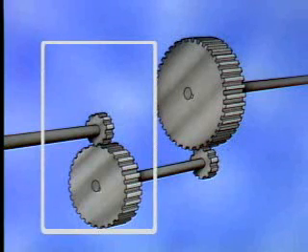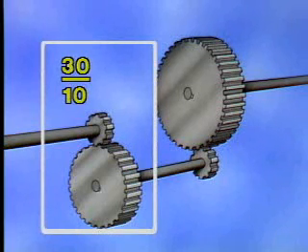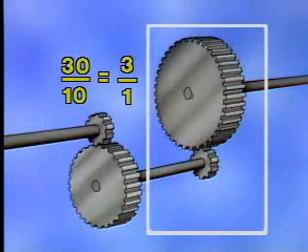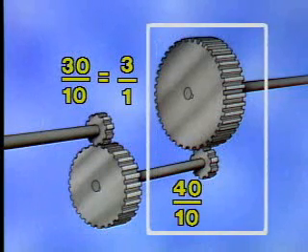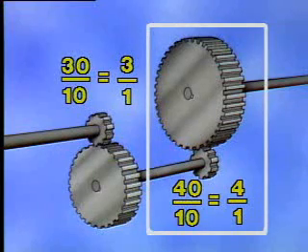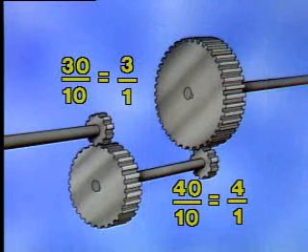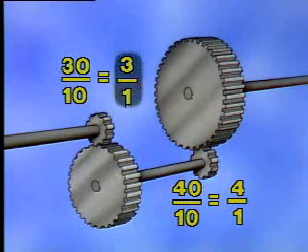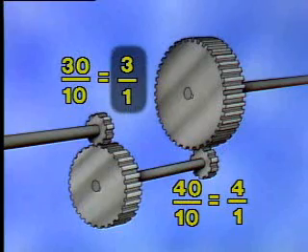Now, by using the gear ratio formula we looked at earlier, we can determine the ratio across the first gear set is 30 over 10, or 3 to 1, and that the ratio across the second gear set is 40 over 10, or 4 to 1. This information can be used to determine the ratio across the entire series of gears. That's done by multiplying the ratio of the first gear set by the ratio of the second gear set.